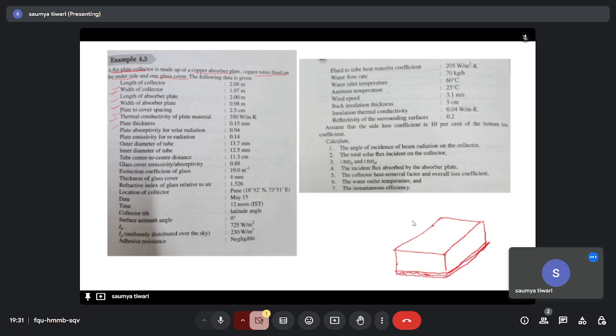Underneath is your copper tube fixed. So this is your glass cover, and this is your absorber plate, and this is your copper tube.